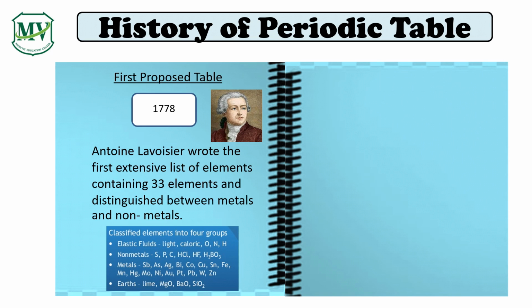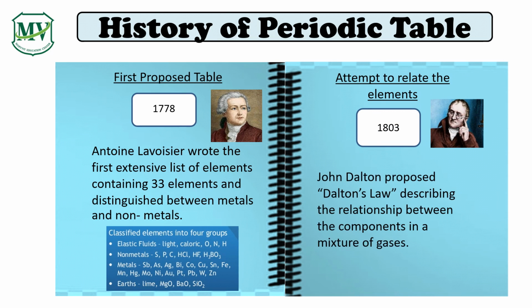Do you know who attempted to relate the elements by proposing Dalton's law? Excellent! In 1803, John Dalton proposed Dalton's law, describing relationship between the components in a mixture of gases. Amazing!